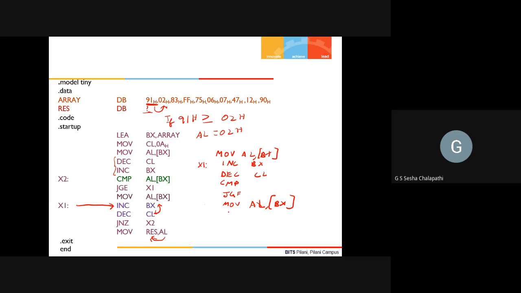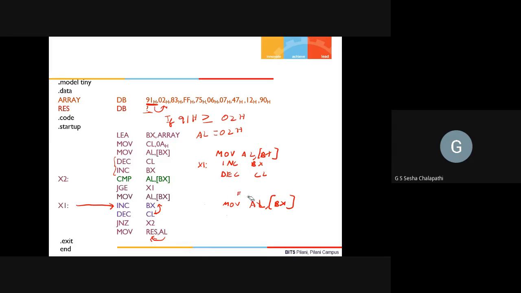How will I go from here to here? I should have some condition where I have to go to jump x1, right? So that is not there here. So I can do it this way.